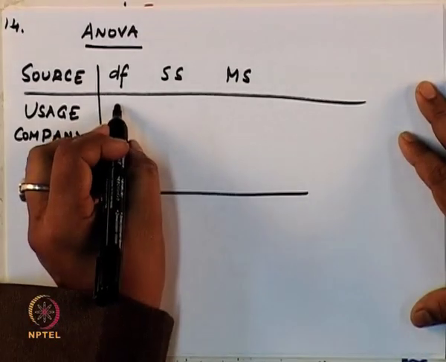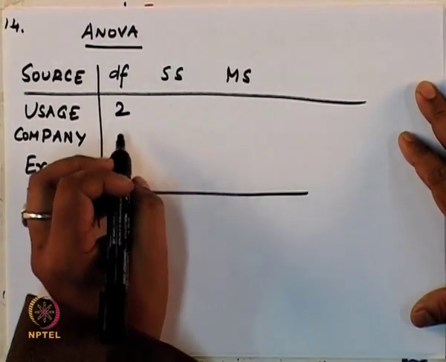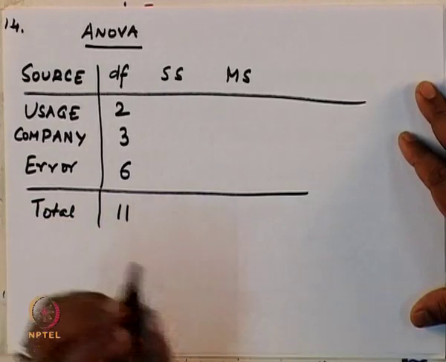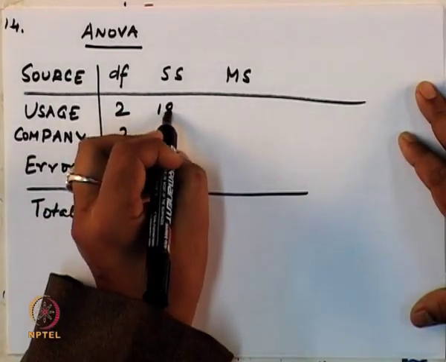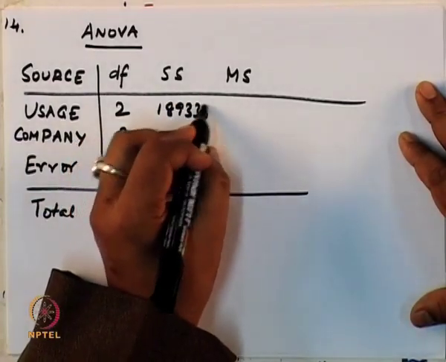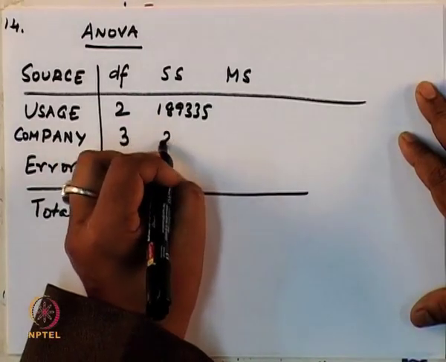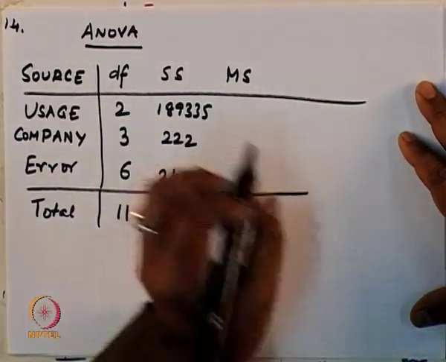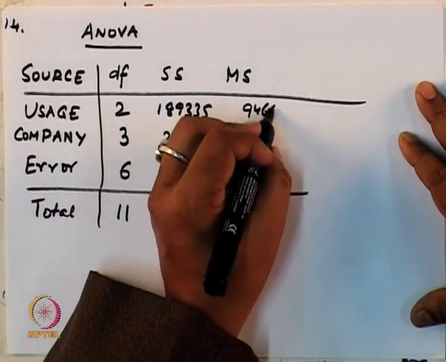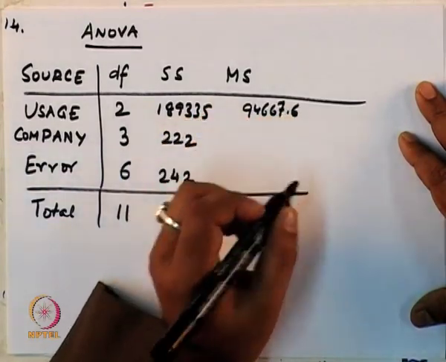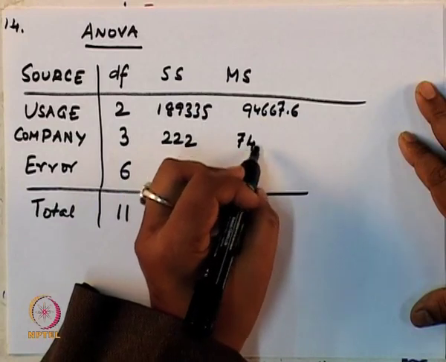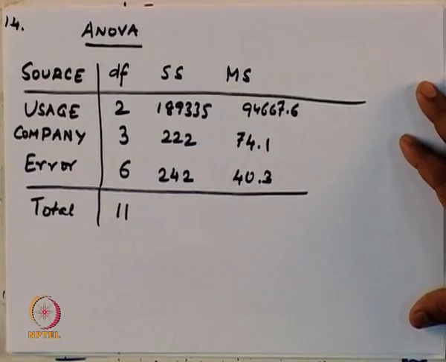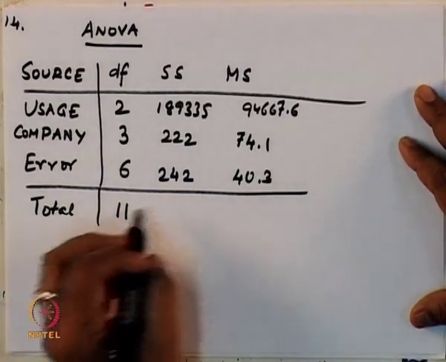This is 2, this is 3, this is 6, this is 11. So, I can calculate the values. And this is error.